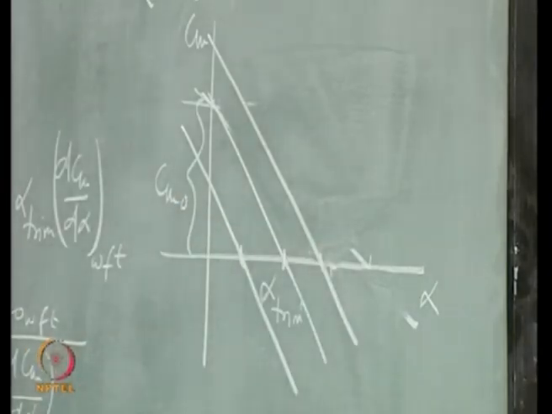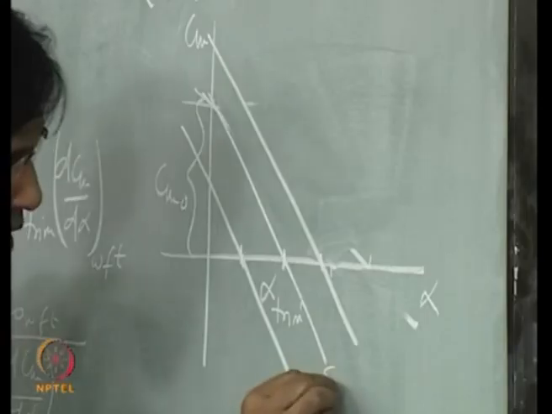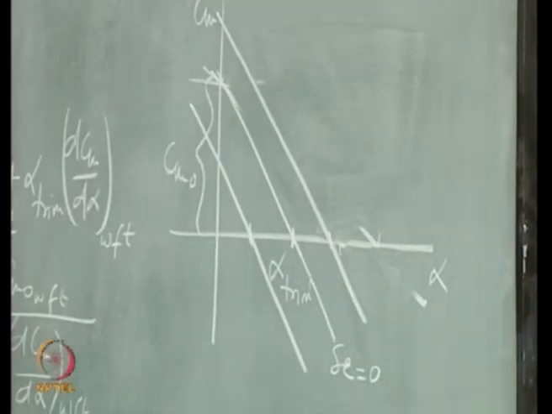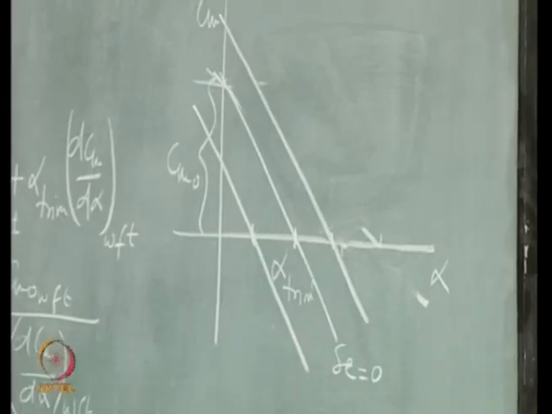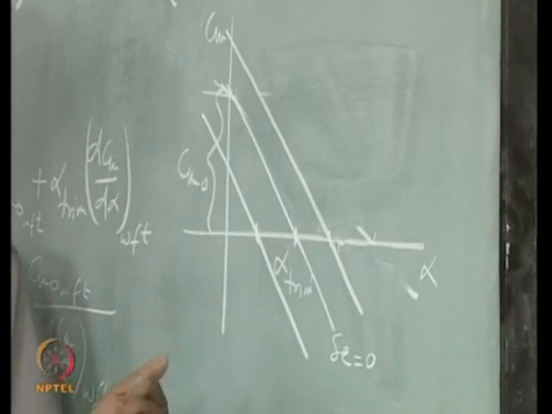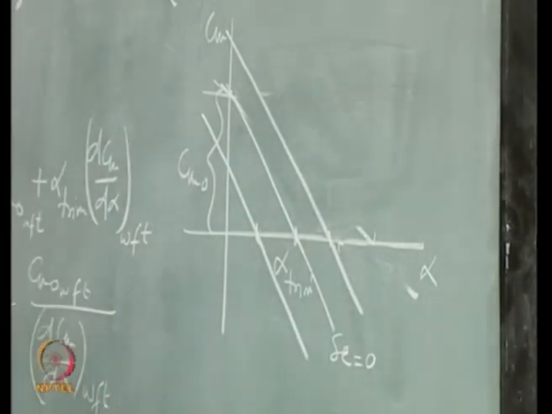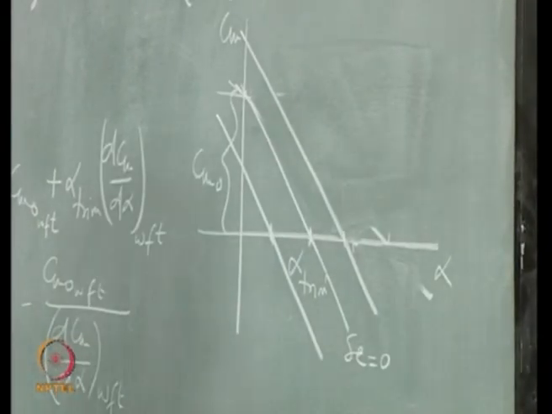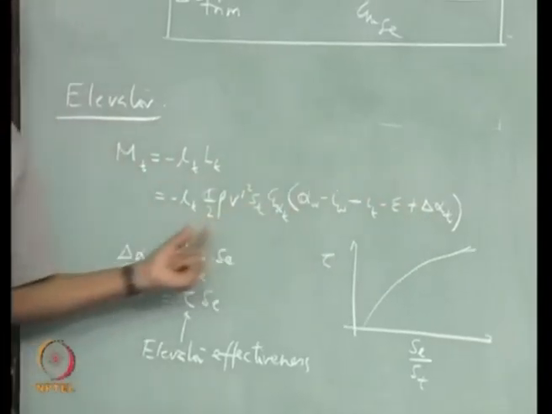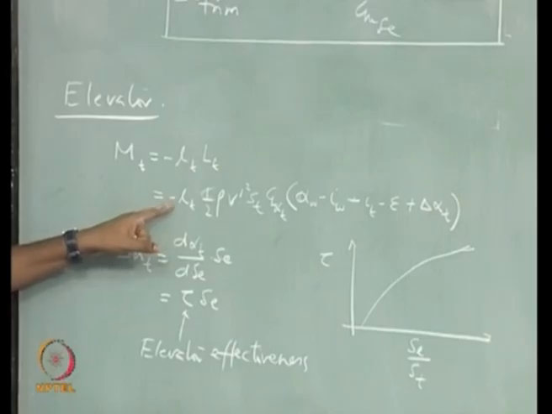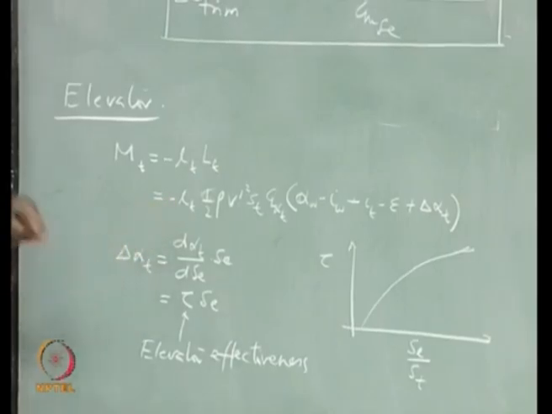Now can you tell me if this is for delta E 0 neutral, for what delta E you will get this curve, and for what you will get this? Remember this is a negative term, right, it is going to change Cm naught by a negative term.